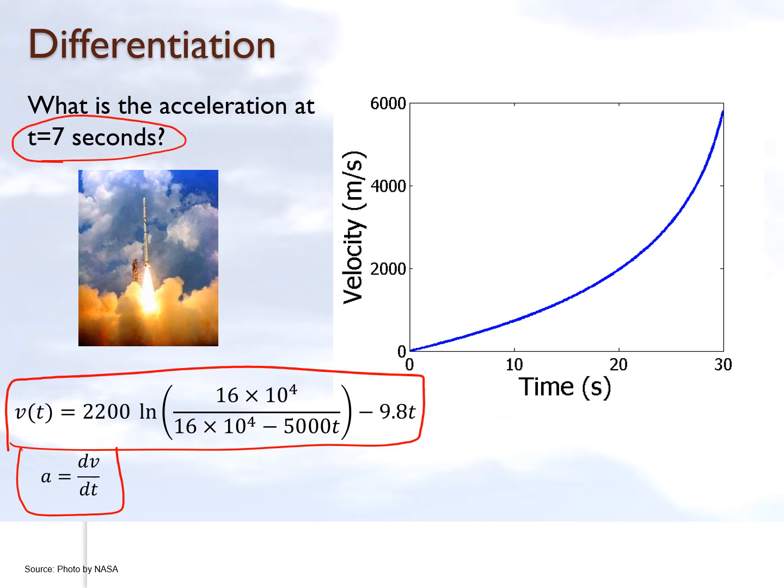Good. However, if you want to find the value of the acceleration approximately because you're writing a computer program for it, then you will have to use numerical methods. So that's what differentiation of continuous functions is all about.